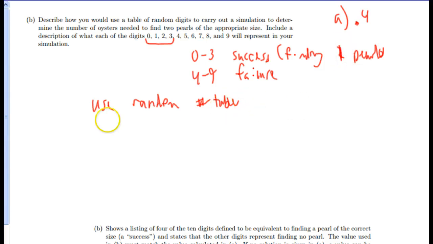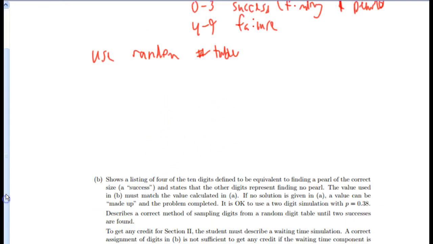So you keep going until you find 2 successes, in other words, 2 pearls. That's the waiting time. So describe in a sentence: keep going in the digits, ignoring digits 4 through 9, keep going until you find two different digits from 0 to 3, and then that's the end of your trial, and you would be done with that trial.